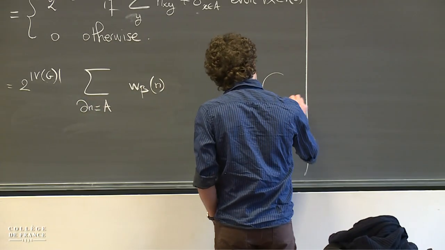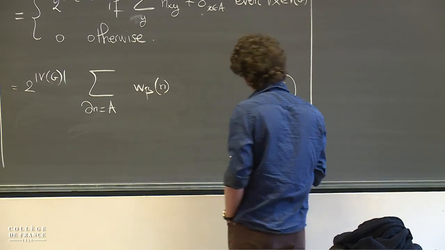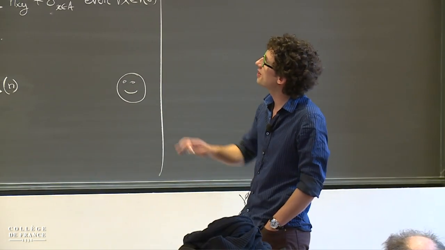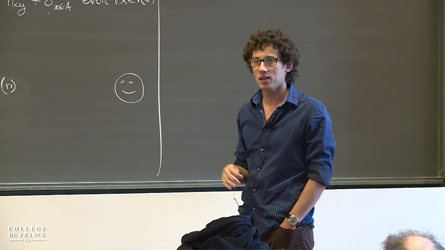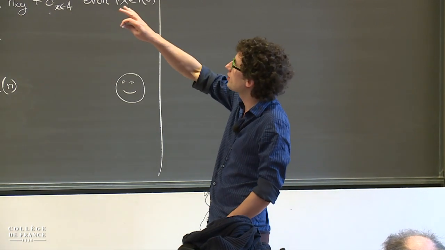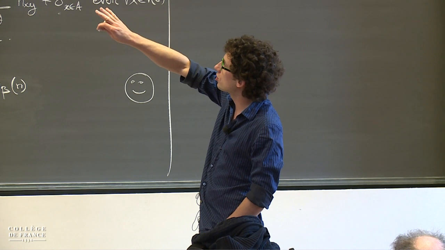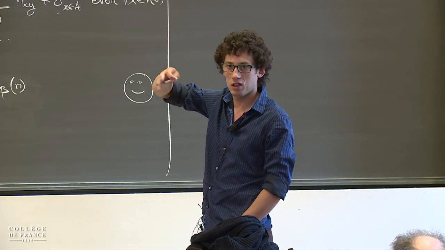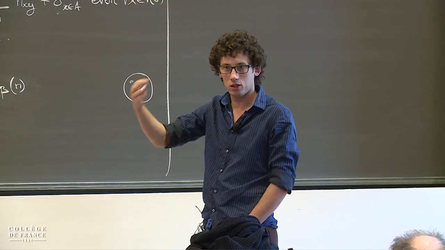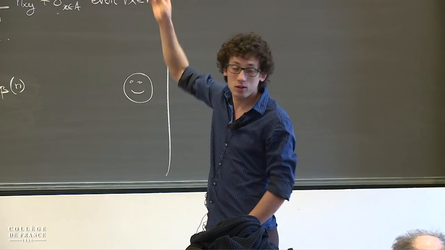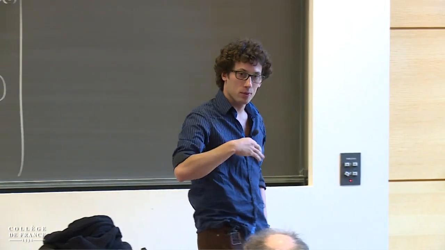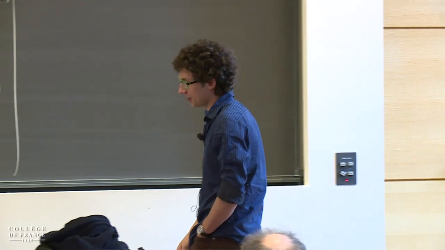For people who saw the high temperature expansion of the model, it's a little bit reminiscent, except that you don't use the same starting thing. For the high temperature, you use the fact that this exponential, you can write it as a linear combination of cosh and sinh. And here, you do something a little bit more abrupt, and you just use a Taylor expansion.